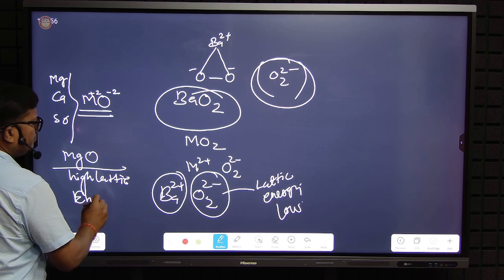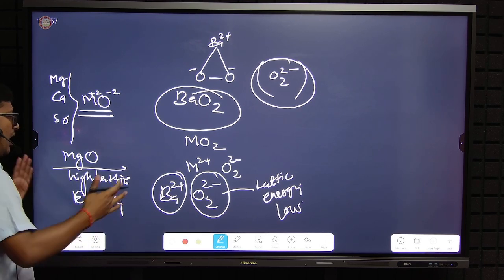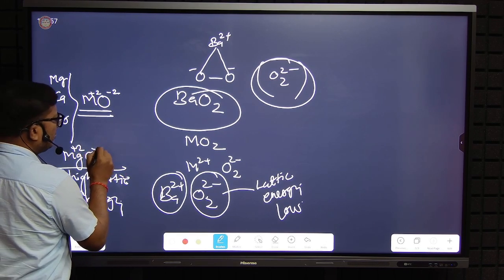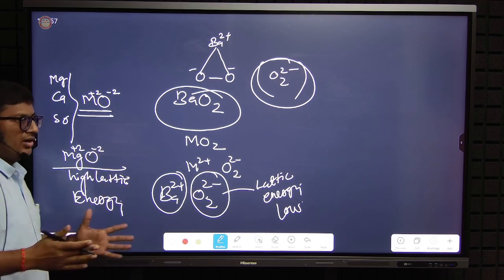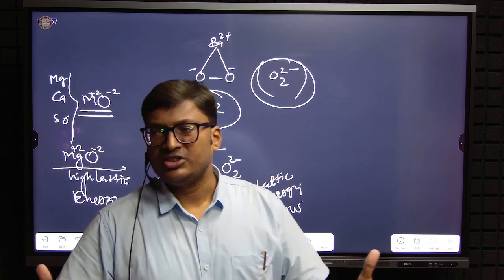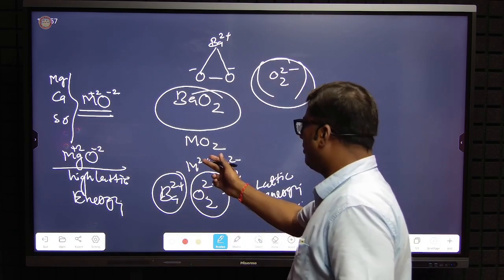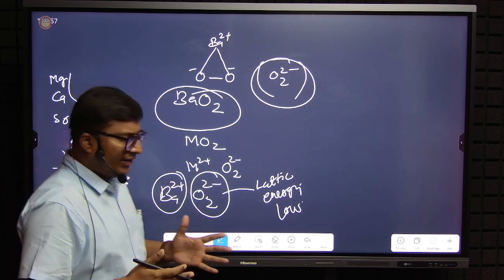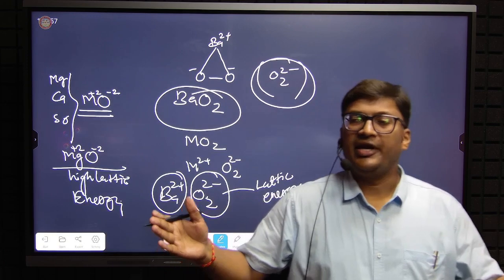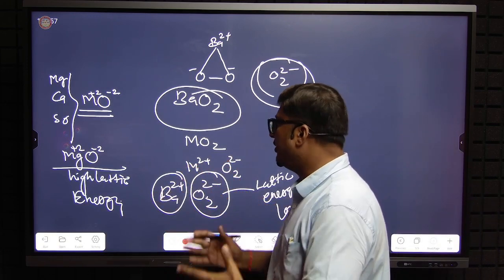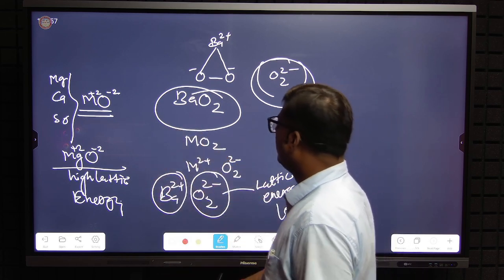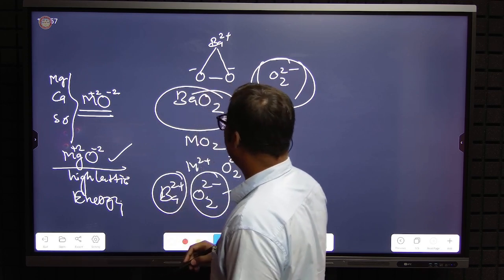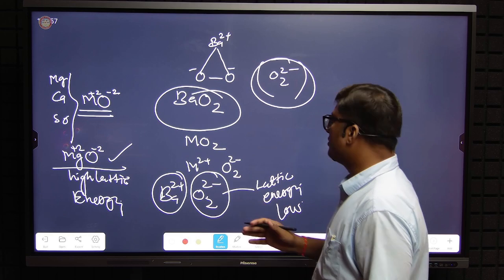The high lattice energy is because of the +2 charge and the -2 charge. The larger the product of the charges on the compounds, the more strongly they interact electrostatically to form ionic compounds.